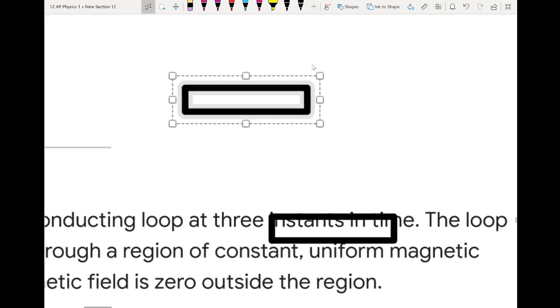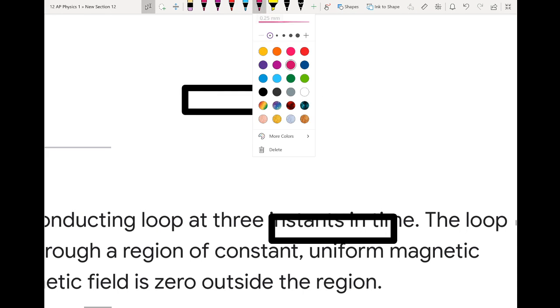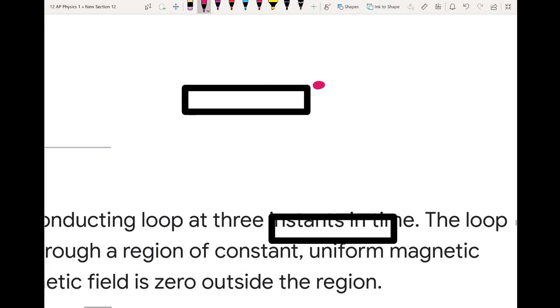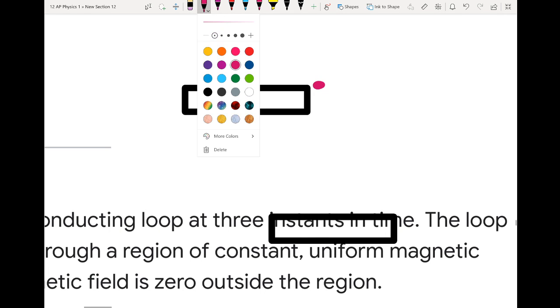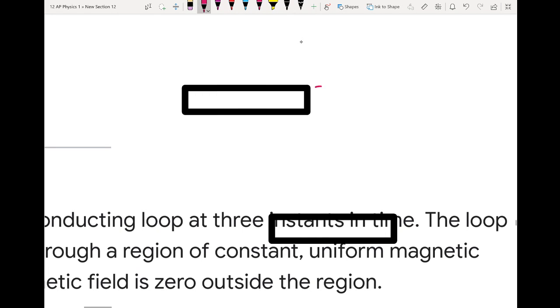It has some height that I'm going to call y, and then it has some length that I'm going to call d, some defined length. So the total dimensions of this loop, the total area, is just y times d, the height times the base. That'll tell us the total area of this loop.